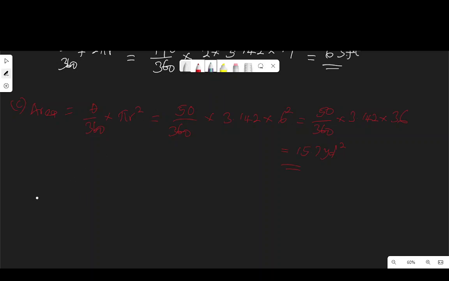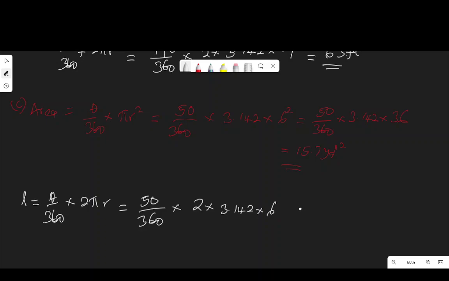Length of arc L is equal to theta over 360 times 2 pi r. Theta is 50 divided by 360 times 2 times 3.142 times the radius. Radius is 6.